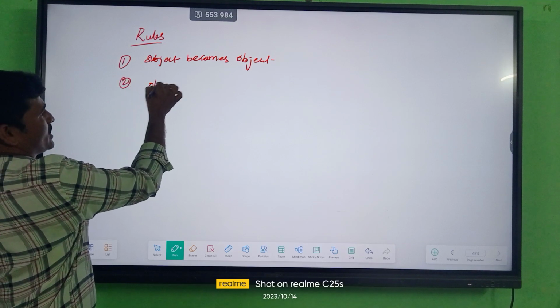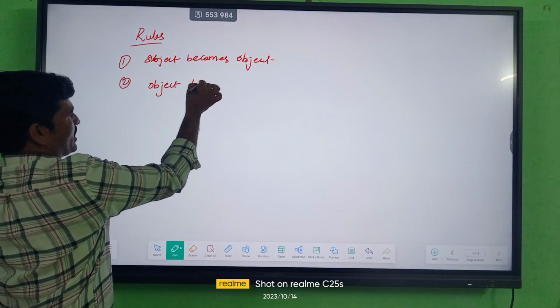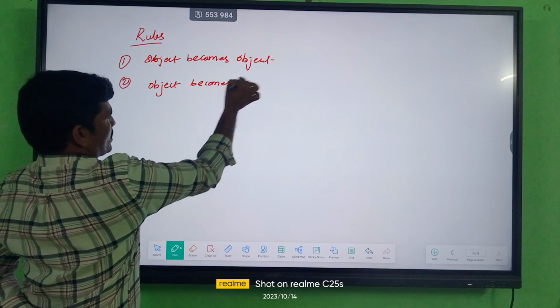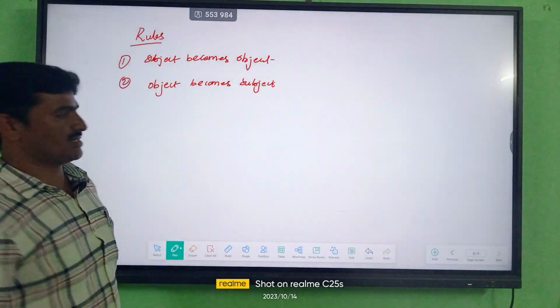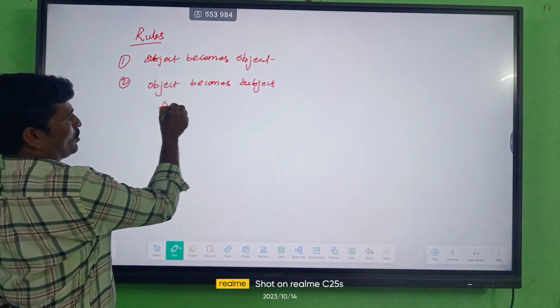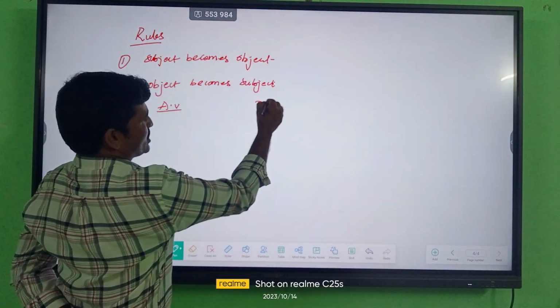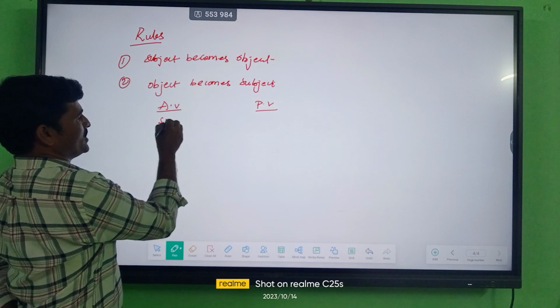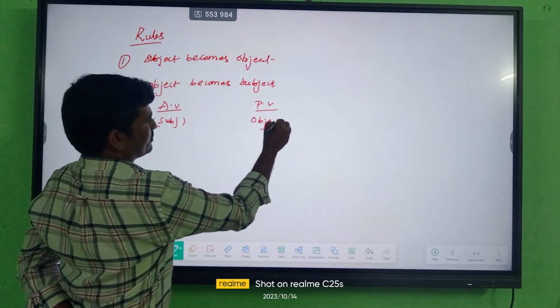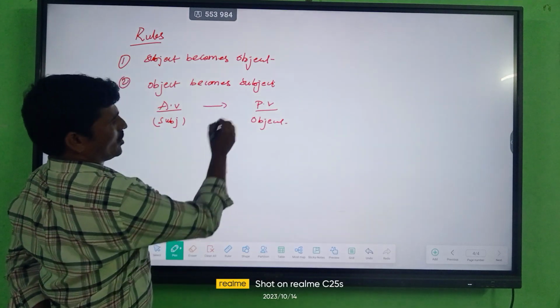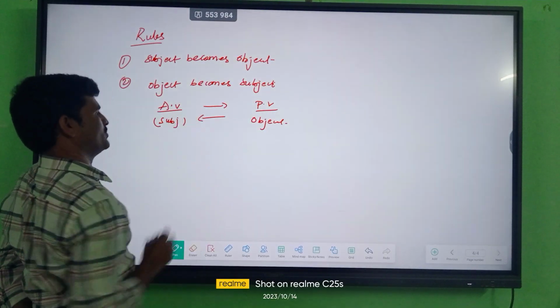Second, object becomes subject in the passive voice. Subject becomes object, object becomes subject.